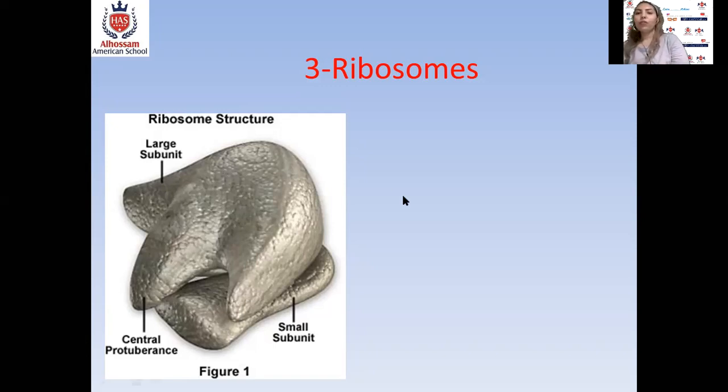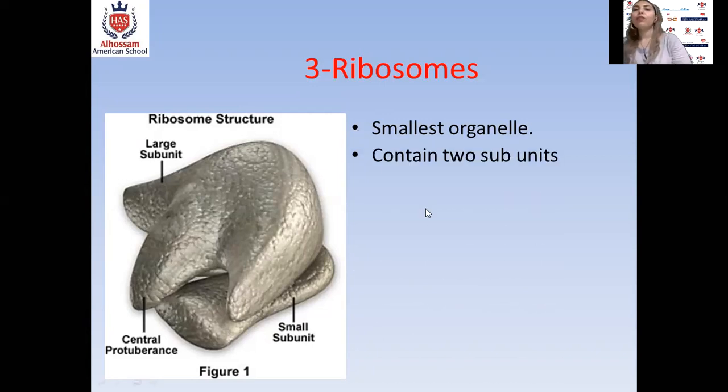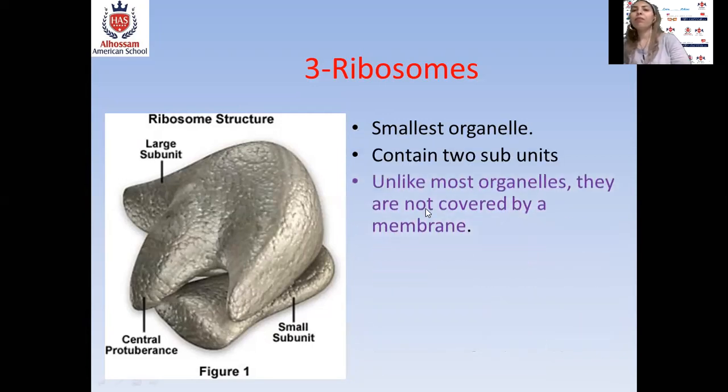Okay, so let's know more about ribosomes. Smallest organelle, we can draw it like a small dot, like this dot, and it contains 2 subunits. And unlike most organelles, they are not covered by a membrane. As we said before, we have 2 types of organelles: organelles covered with membrane and organelles not covered by membrane.